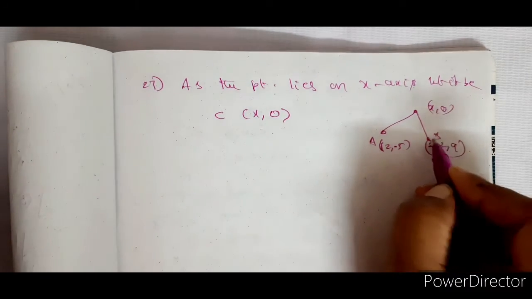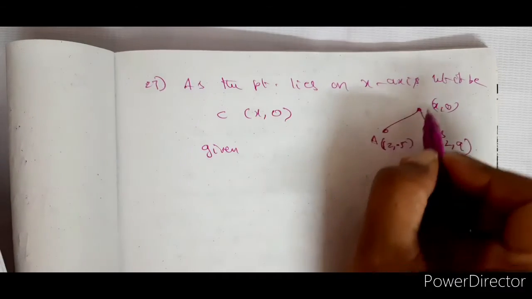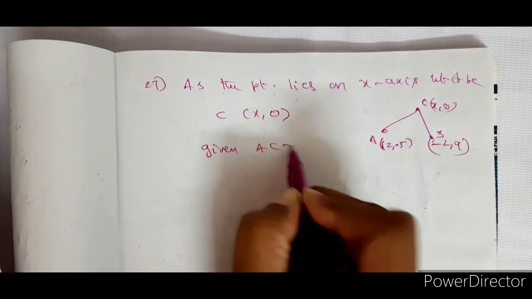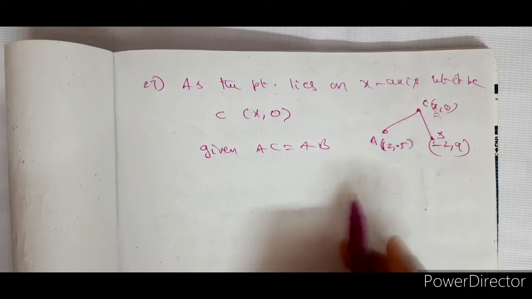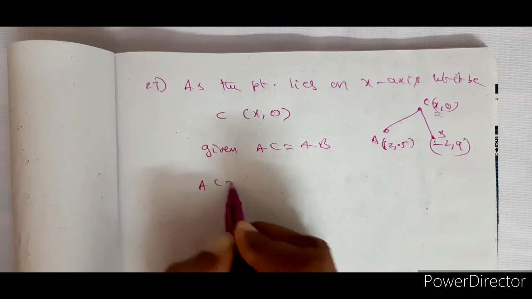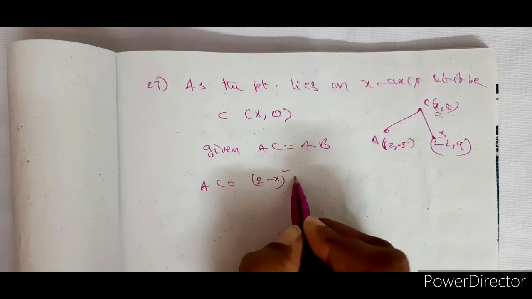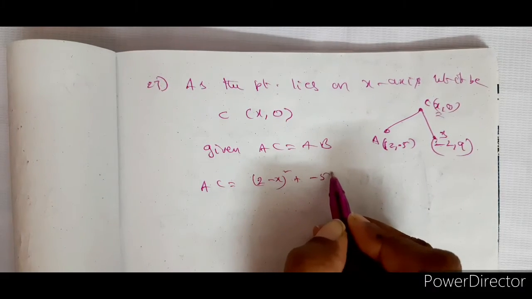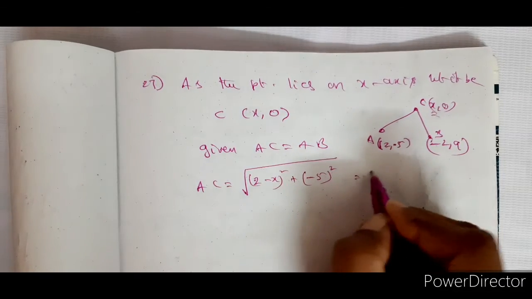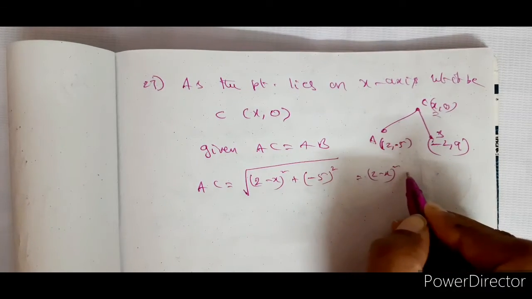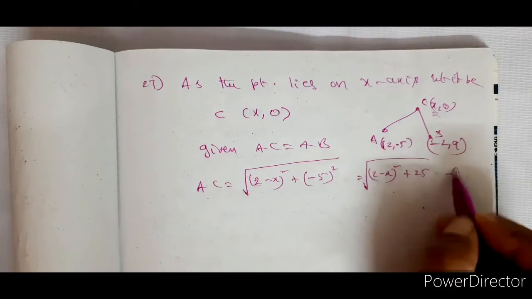So now what is the condition given? AC is equal to BC. Now we have to find out x. Let us find AC. AC is equal to square root of (2 minus x) whole square plus (minus 5 minus 0) whole square, which is minus 5 whole square, so (2 minus x) whole square plus 25 under root, equation 1.